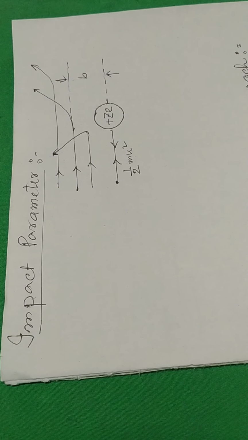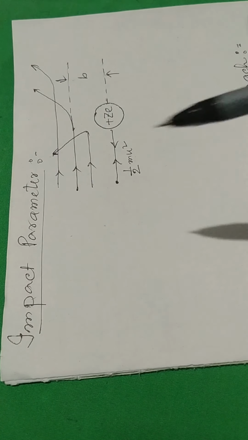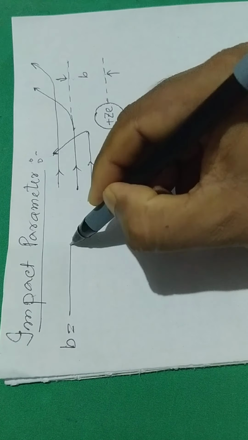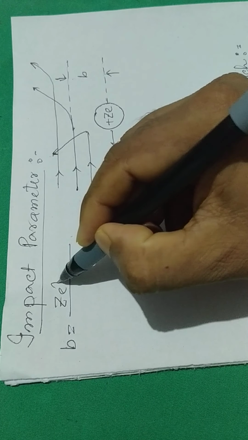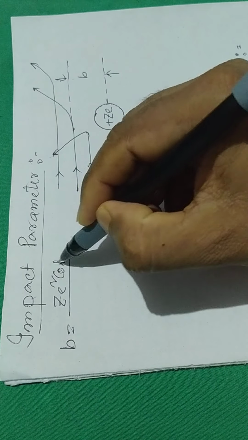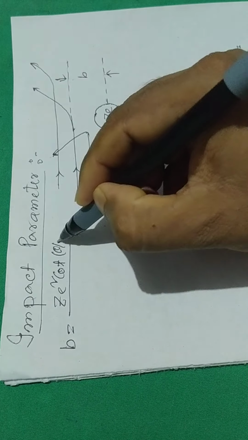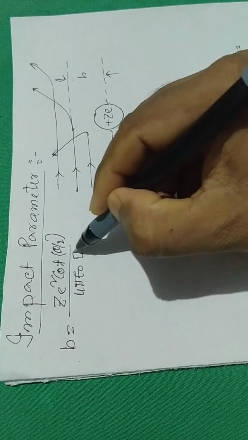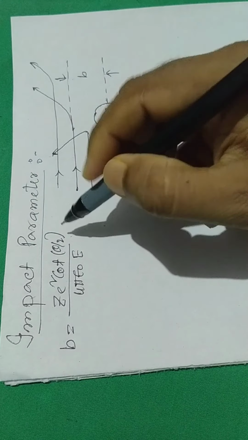The expression for the impact parameter derived by Rutherford in terms of the scattering angle theta is given by b = Z e² cot(θ/2) / (4πε₀ E), where E is the kinetic energy.